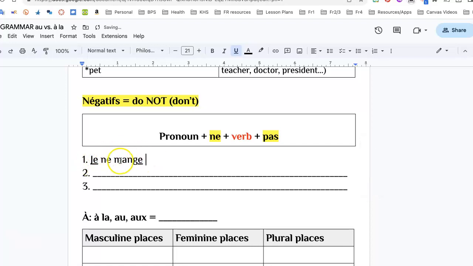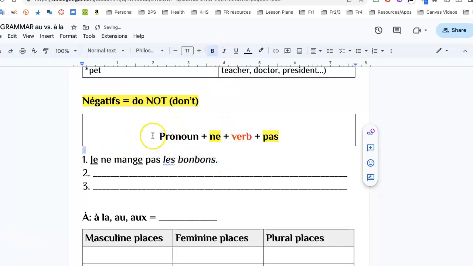Then je ne mange, and our formula next is pas. Je ne mange pas, and then candy. Les bonbons is candy. I'm going to make that italics.